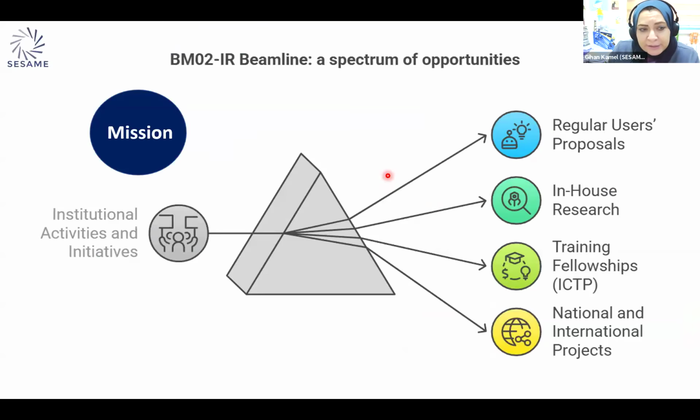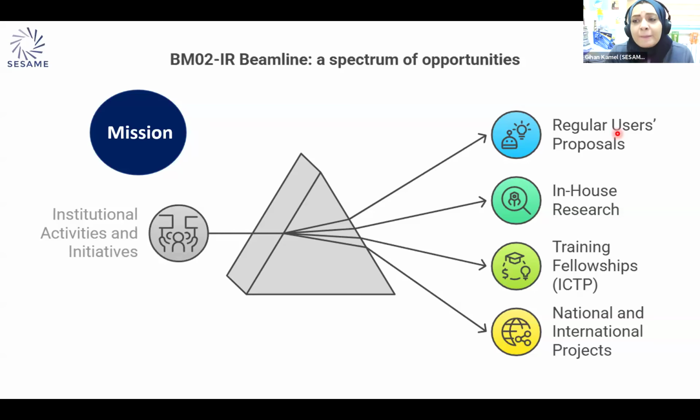So the beamline, as any other beamline, of course, has different activities or initiatives, but it usually has a sort of common opportunities. So basically, the core business of any beamline is to work with users on their proposals, and the proposals are submitted to what we call a call for proposals.